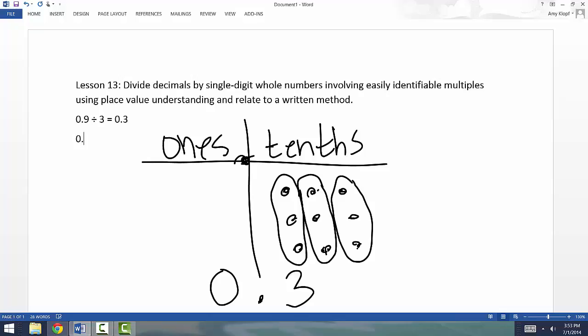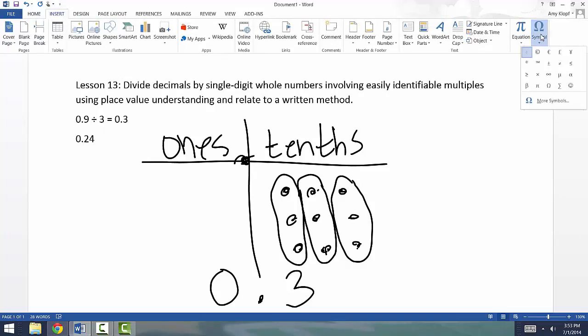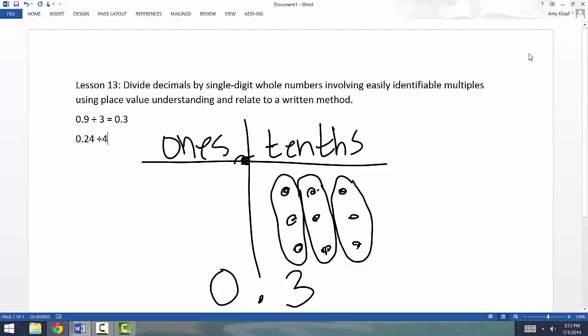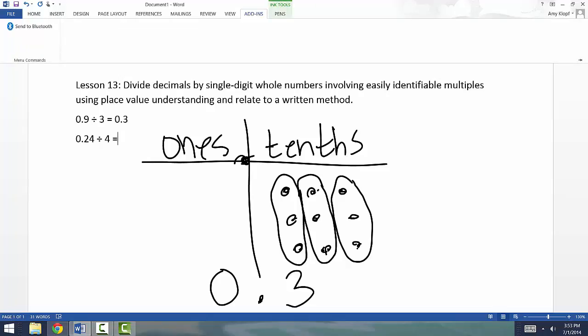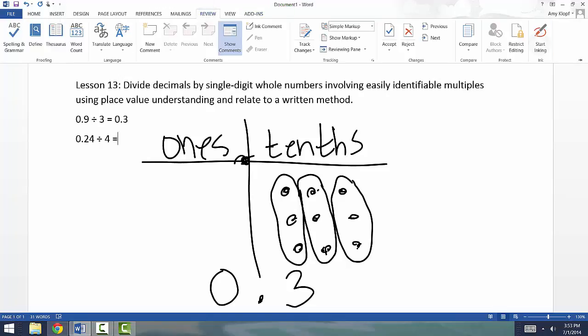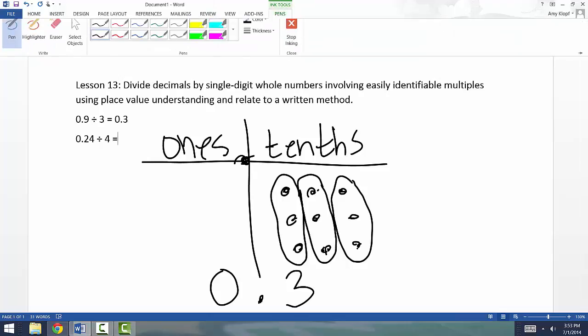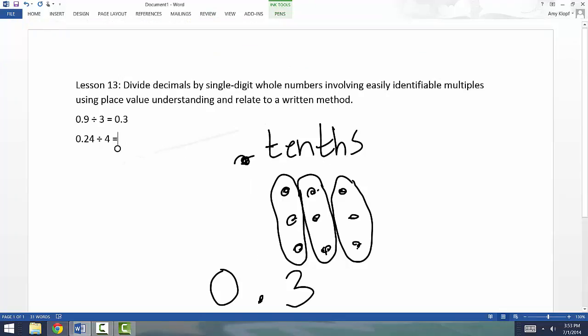Let's try another one. Using the place value gives us the answer of 124. Now let's try the second problem. Again, our area model, our rectangle shows us a whole. 3 tenths. We're multiplying by 4, and we're breaking up the number.